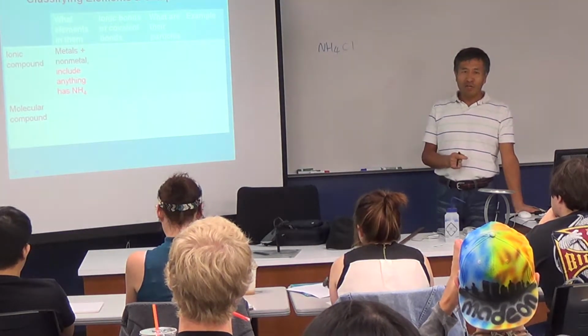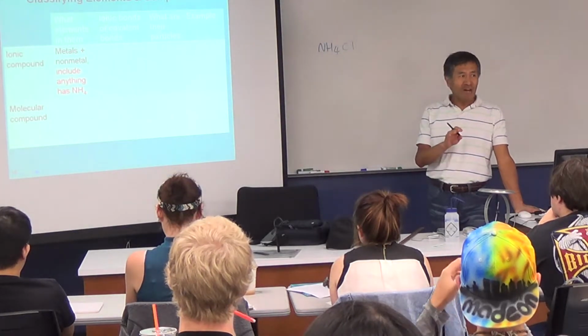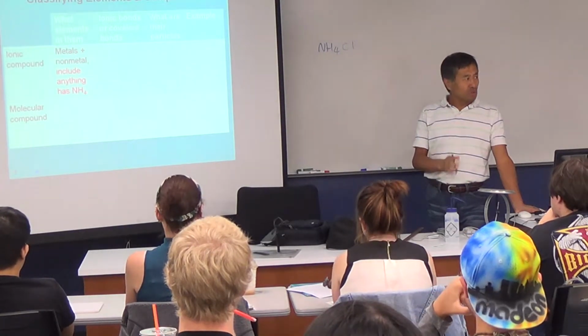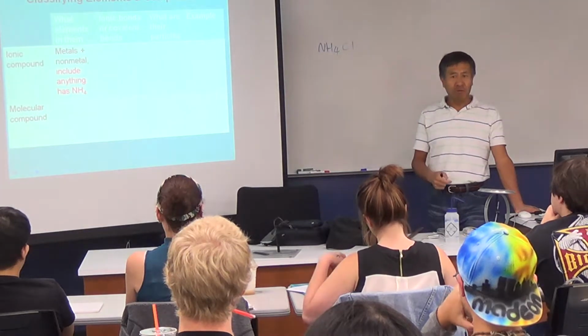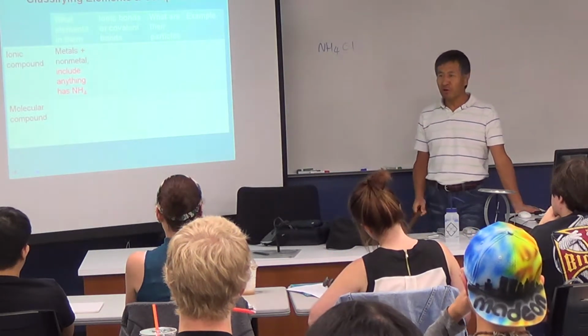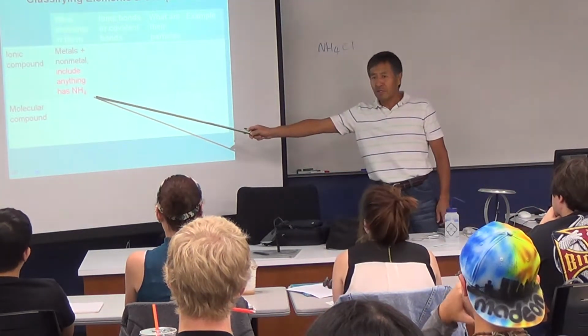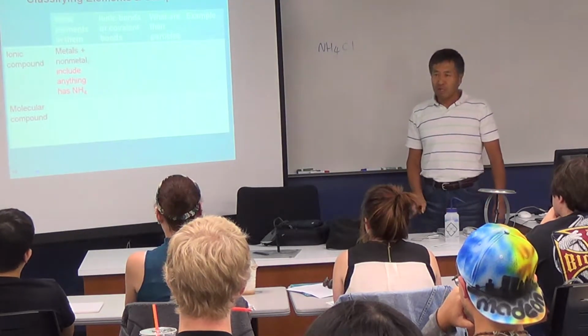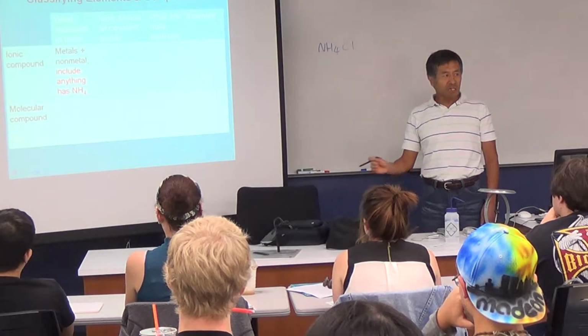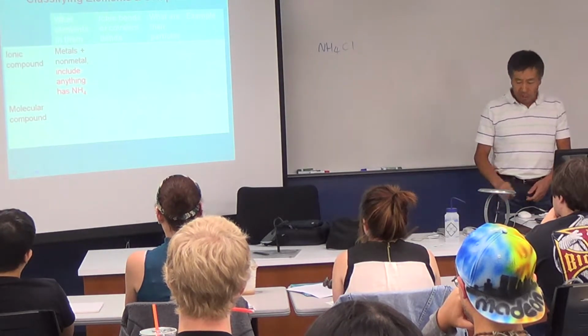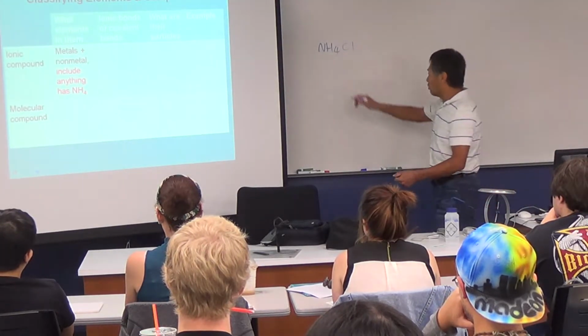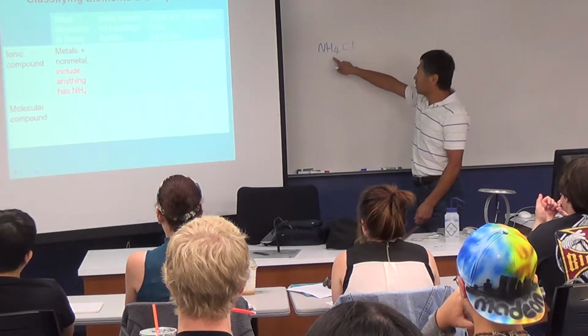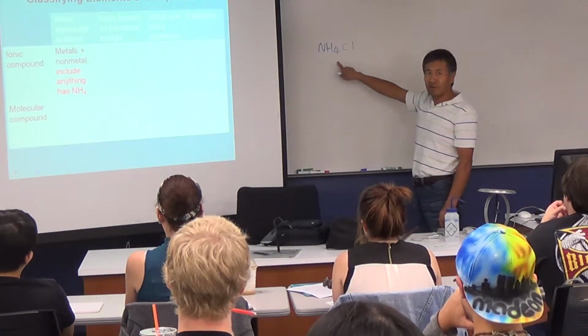Even though your material doesn't have any metal in it, you do a second step: you try to look for this ion in your compound or in your formula. Maybe it is simply like that, or maybe like what we see here, just NH4, that is clear, you have the NH4 ion.